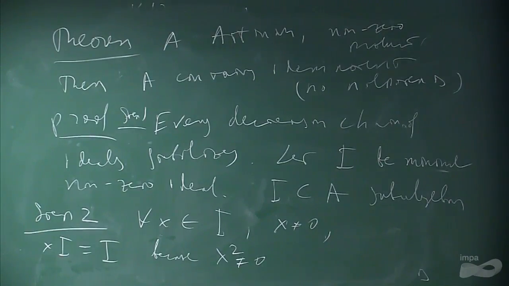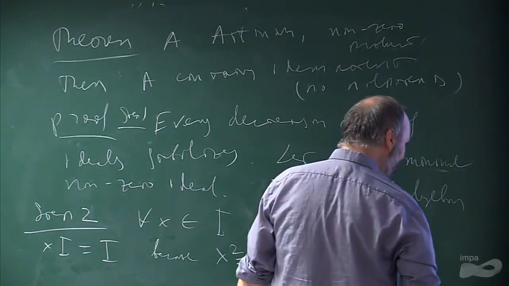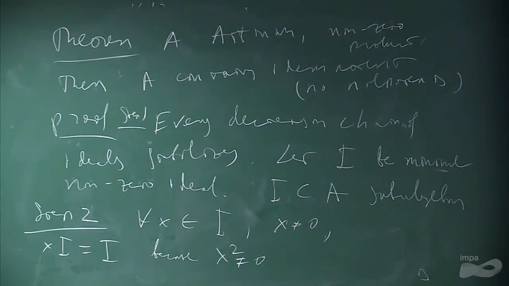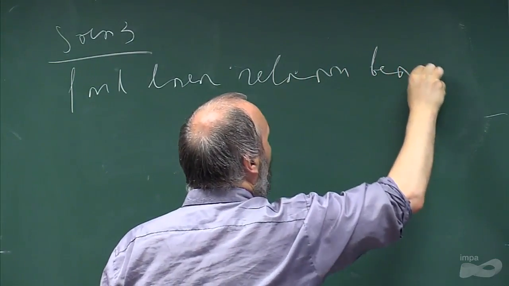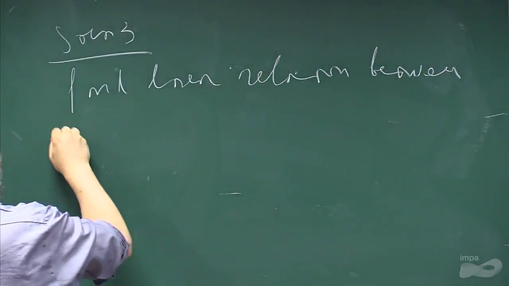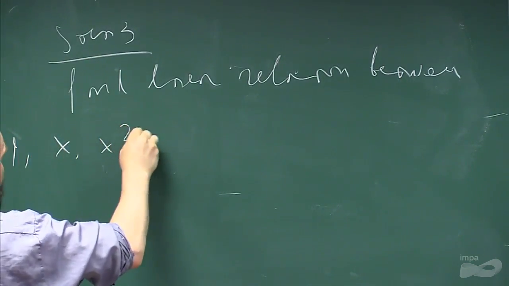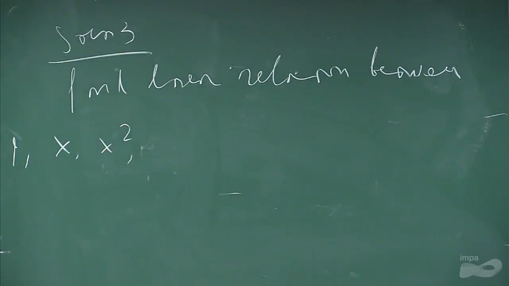Okay, step 3. We will find a linear relation between, is it x here or z?